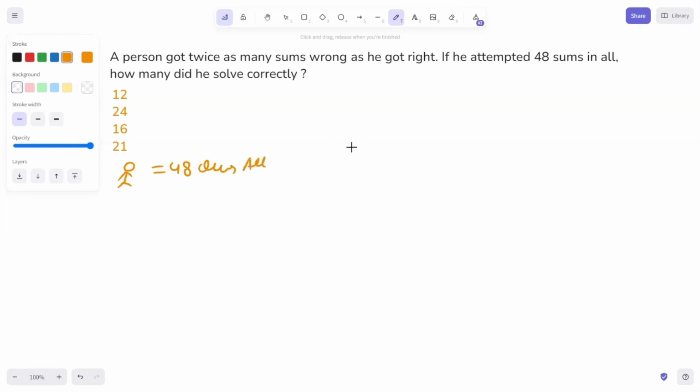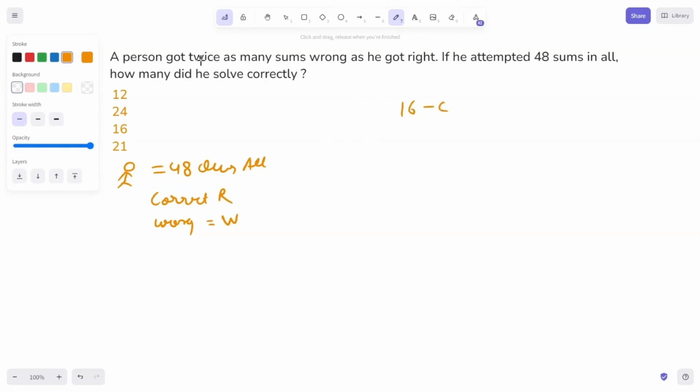But the question is saying that firstly we denote the correct questions as R and wrong questions as W. Now let's assume he attempted 16 questions correct.